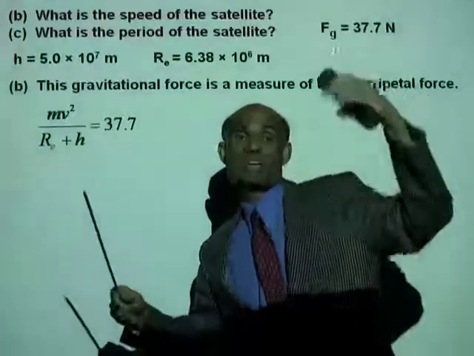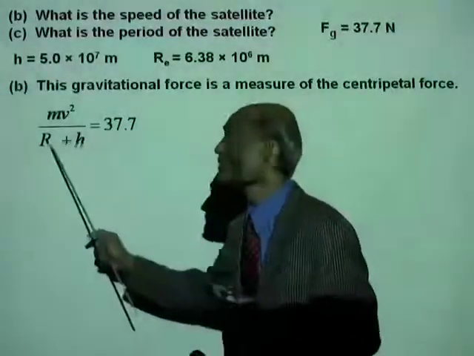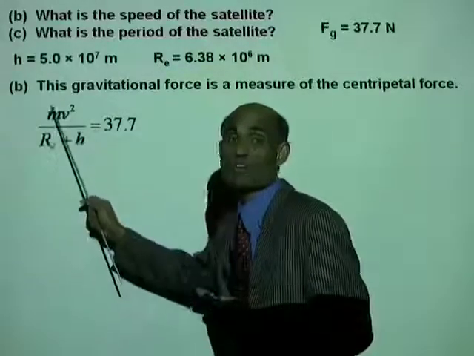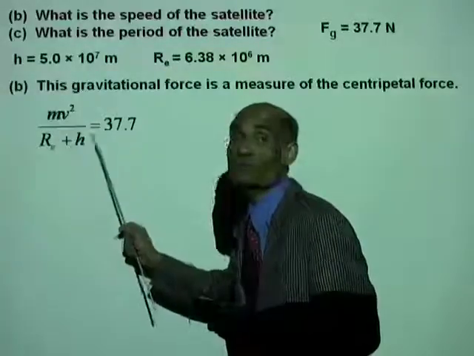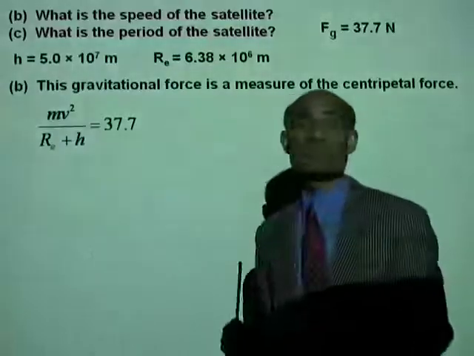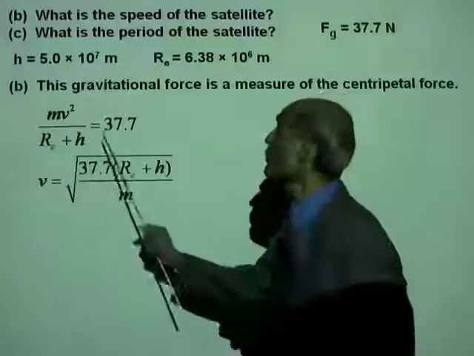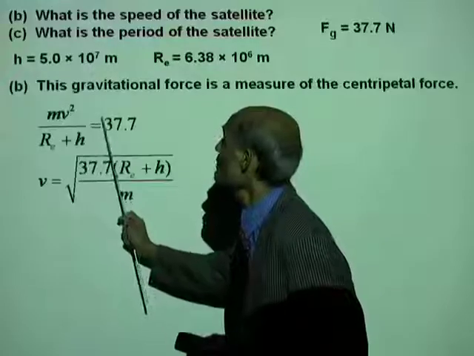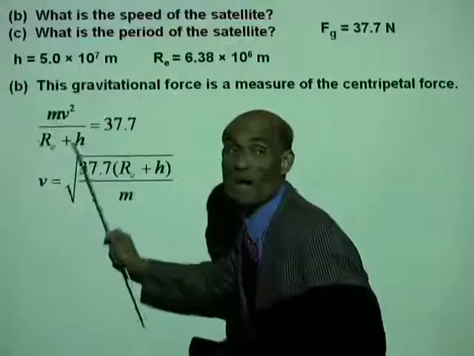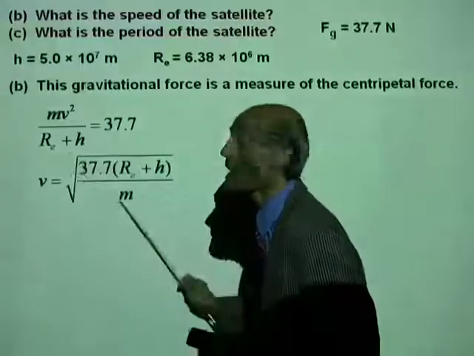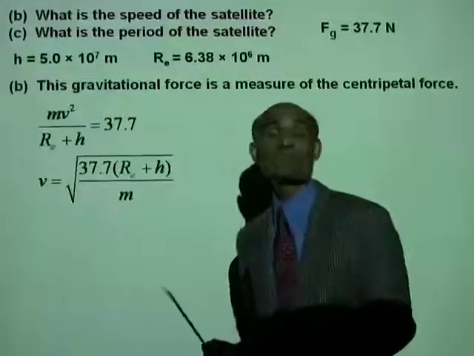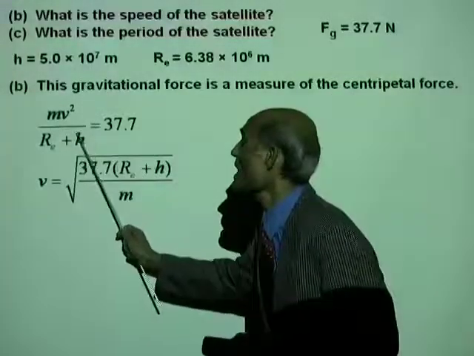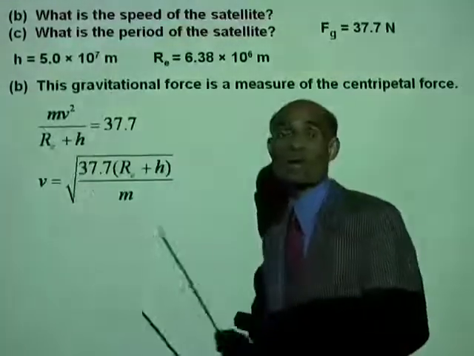It is at a height h above the surface, so the distance of the satellite from the center of the Earth is R E plus h. m v squared over R E plus h is 37.7. Therefore, v squared is 37.7 times R E plus h divided by m. Therefore, v equals the square root of 37.7 times R E plus h divided by m.